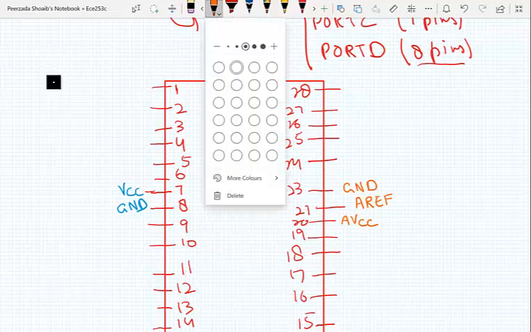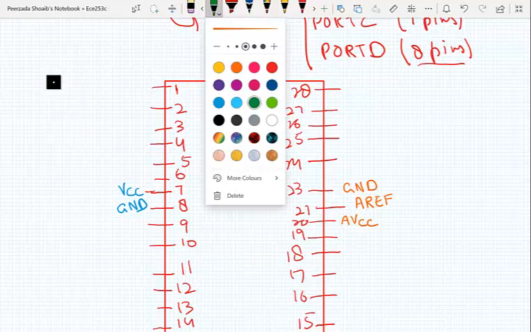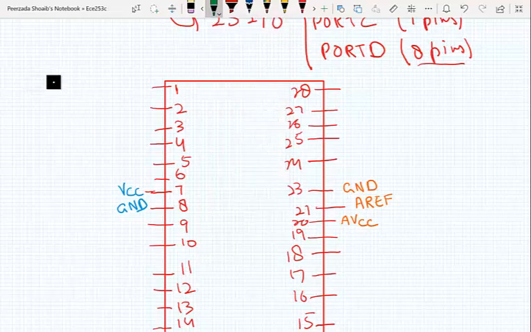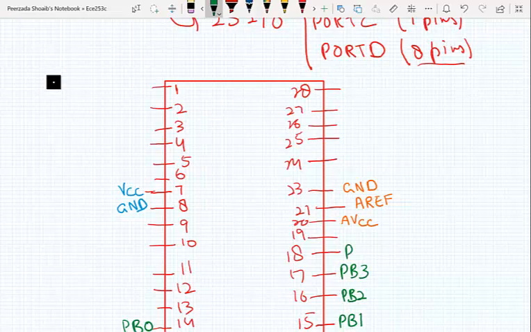We have our port B from here, from pin number 14, we call it PB0, the 0th pin, or the first pin of port B. PB1, PB2, PB3, PB4, PB5.